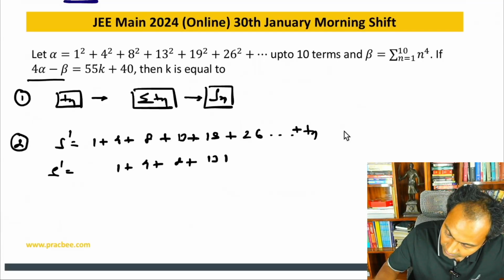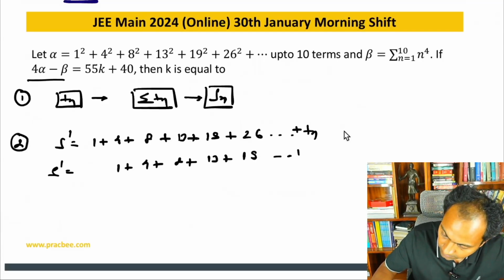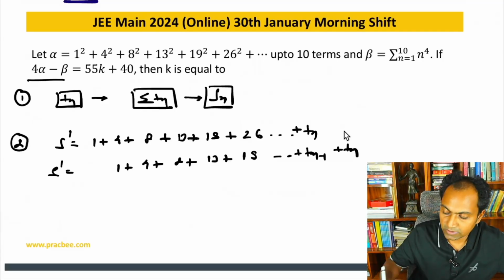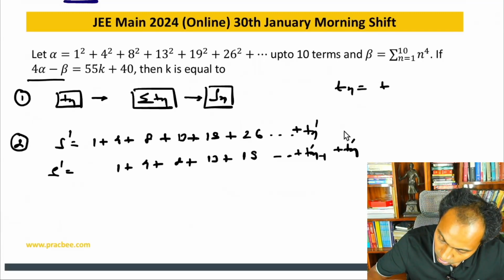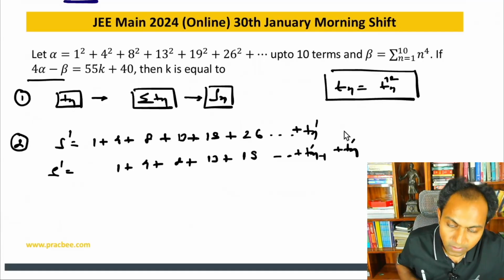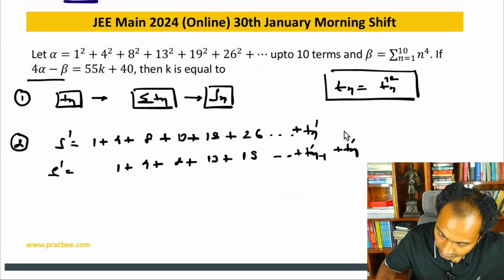You can see that I have written the same series, but once we have shifted it below this, there will be Tn minus 1, then you will have a Tn. Now this is also T dash n, this is not Tn. The relation between Tn and T dash n is that Tn is the square of T dash n. This is the relation. So once we have got this right, let us figure out the value.